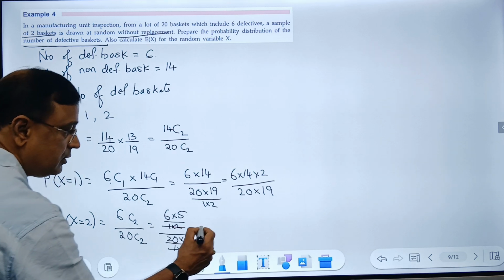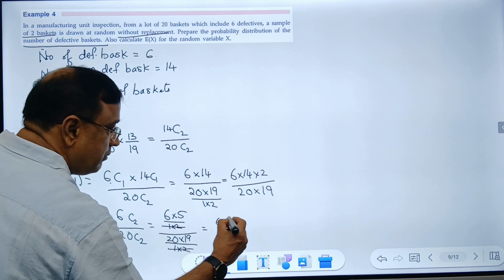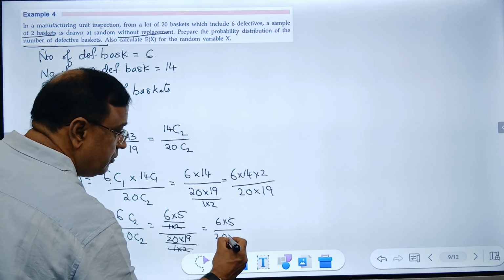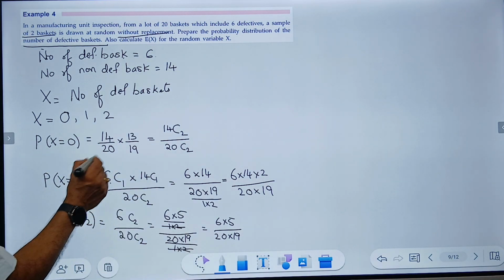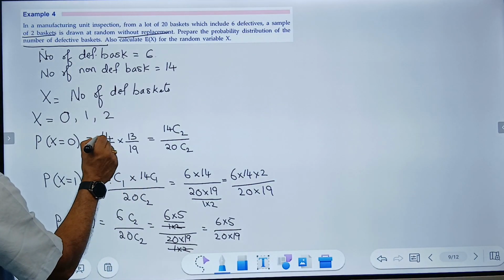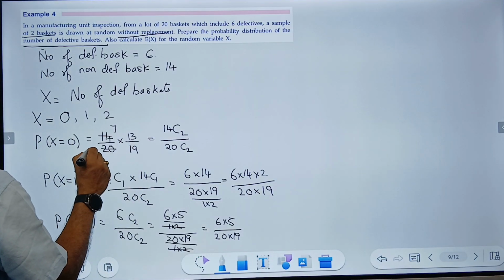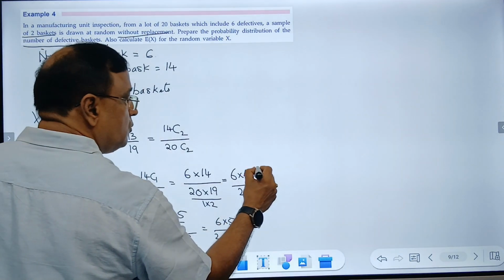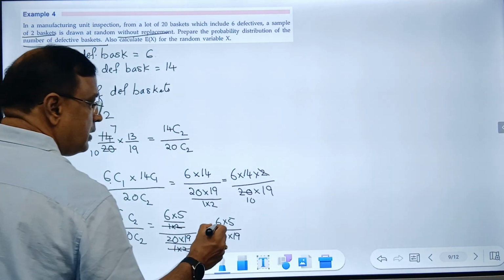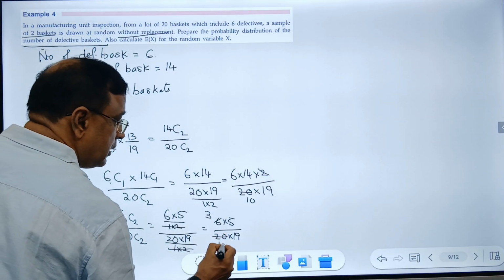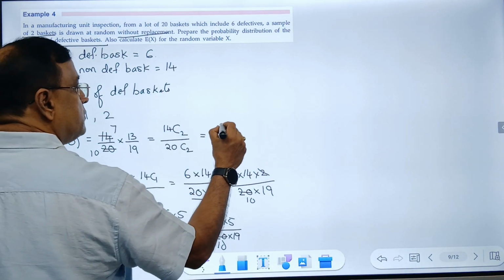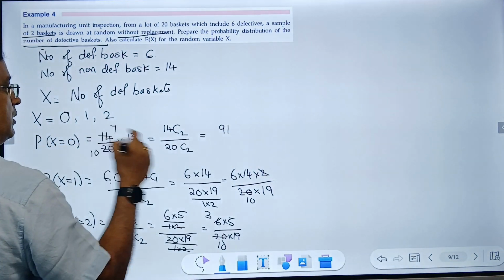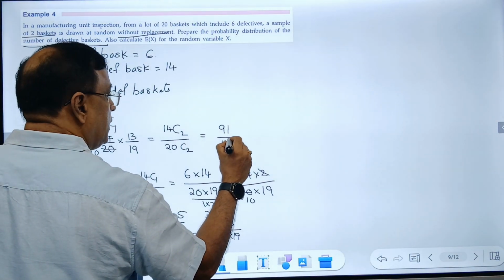So they get cancelled and I get 6 into 5 by 20 into 19. Since I wanted to maintain a common denominator, if you want, you can cancel 2 throughout. The rest you can maintain as it is. So this is 91 divided by 190.